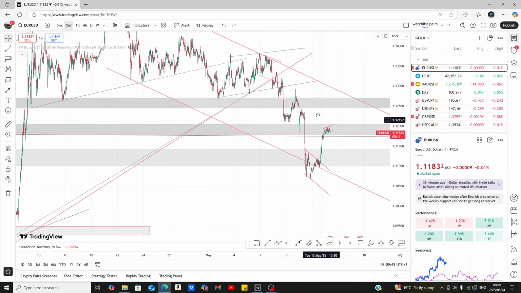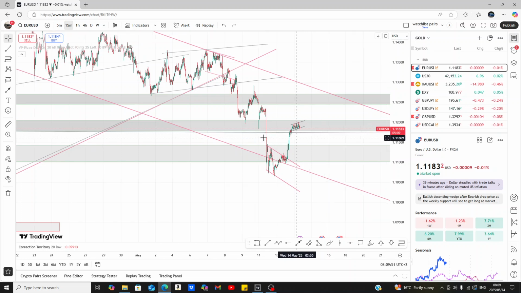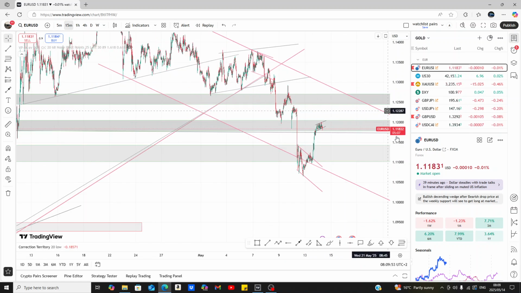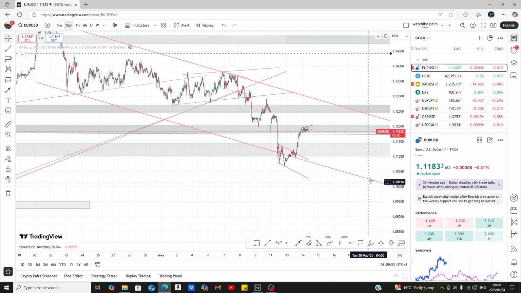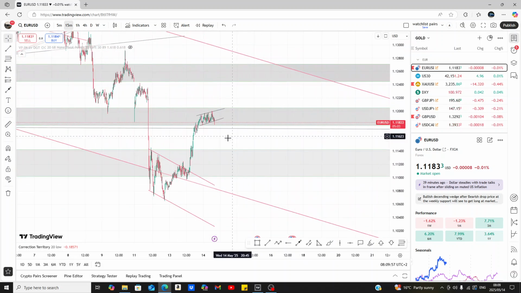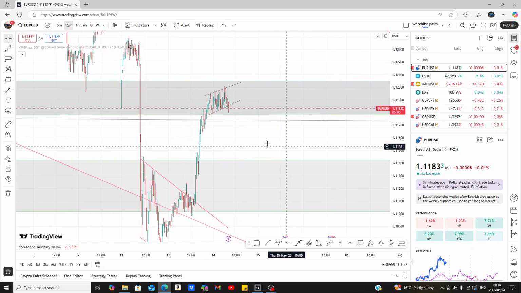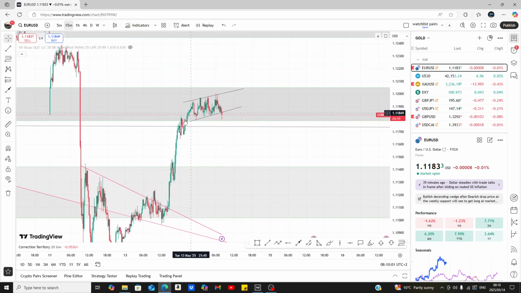So currently let's move to Euro USD. You can see Euro USD is in an overall downtrend, and price currently has tested this previous key structure, and as we can see, price has made a bearish descending channel.